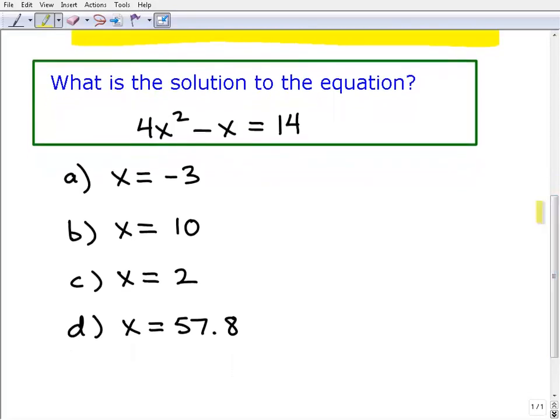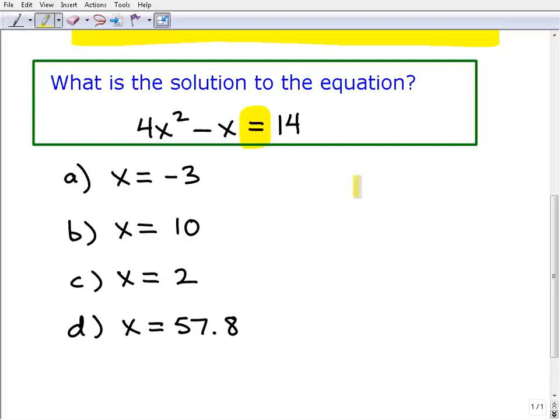Without even knowing how to approach this or start working this equation out, I'm going to look at the answers. In mathematics, the answers often give us a lot of clues, especially in equation problems. Let me show you very quickly.